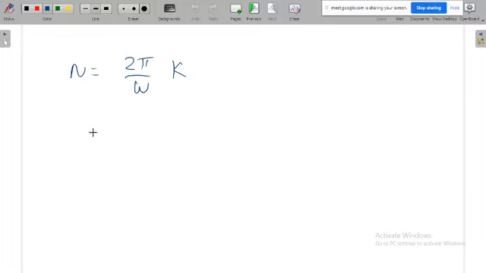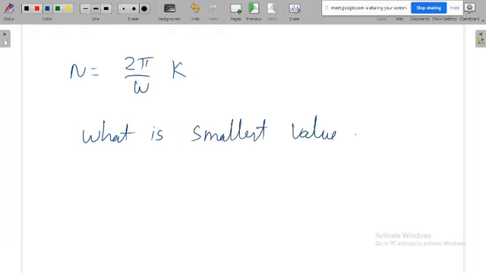So next our aim is the smallest value of k. What is the smallest value of k? Please note down, k is always an integer, you cannot put a decimal value.